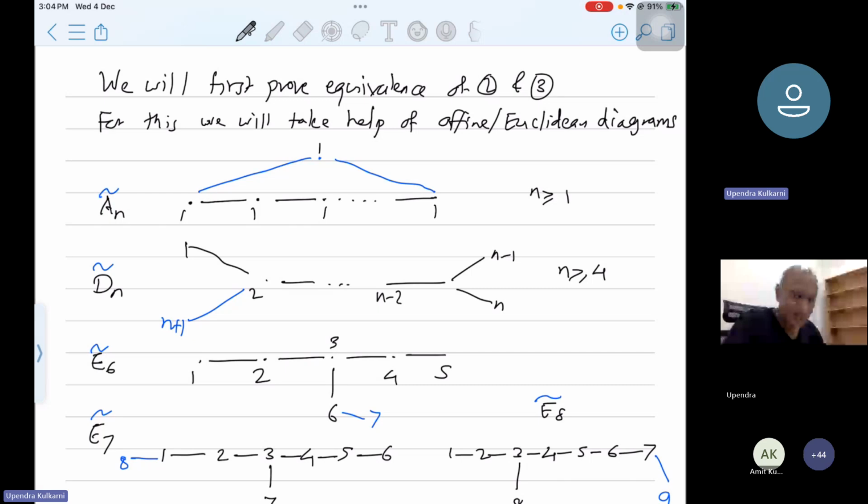Then for Dn we have the following. These become ones, and inside the chain is all twos. So this is 1 1 1, and you just have twos all the way. Okay, for E6 we have the following.